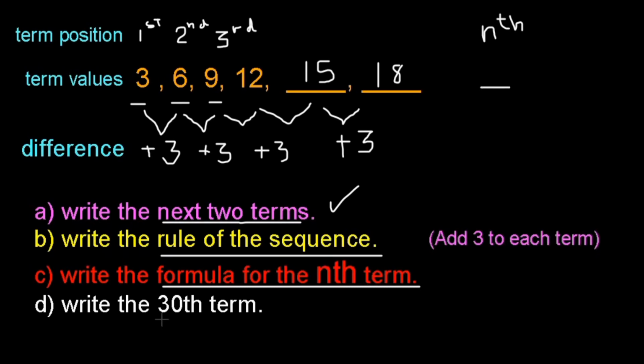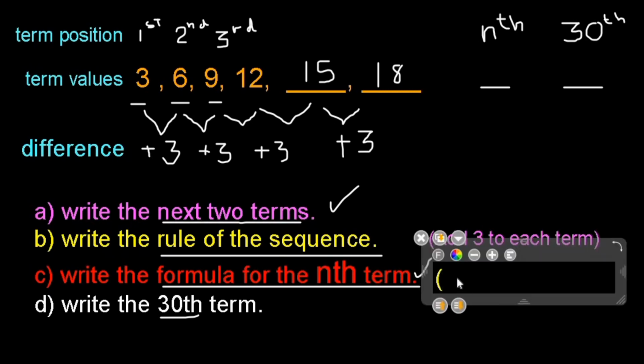It can be the 100th term, the 500th term, the 1000th term, that we don't know. But if someone says write the 30th term, that is in part D, then if I find the formula for the nth term, I can substitute the value and find any term of it. So first of all, let's construct the formula.